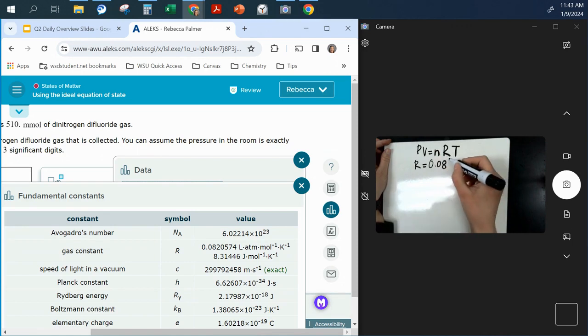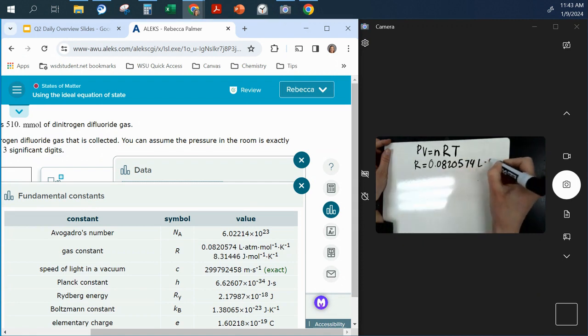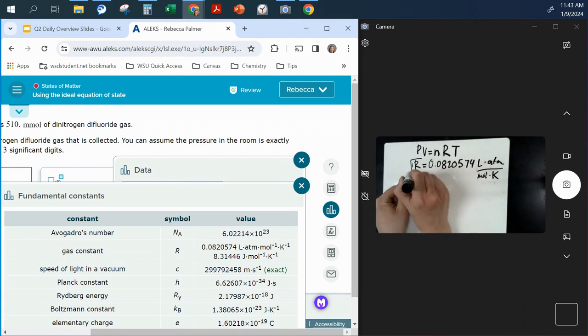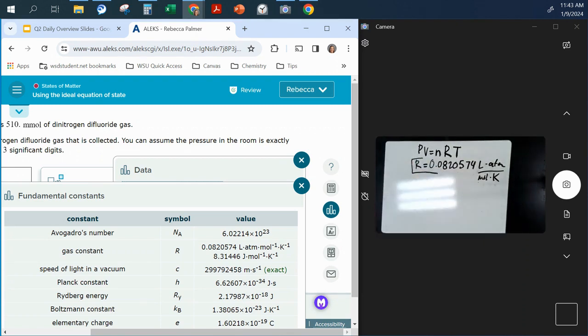R is 0.0820574 liters times atmospheres divided by moles times Kelvin. You can use your Alex calculator, but if you're going to use your own calculator, I like to have this number. So that's something I would put on my note card.